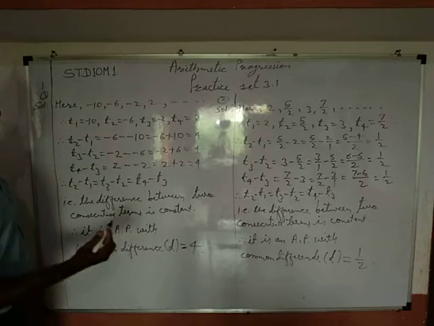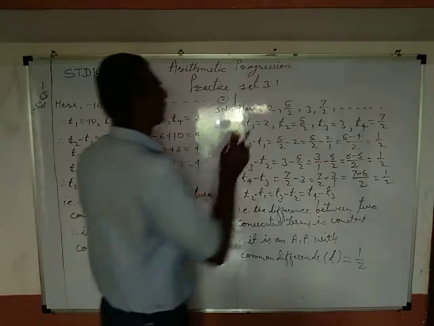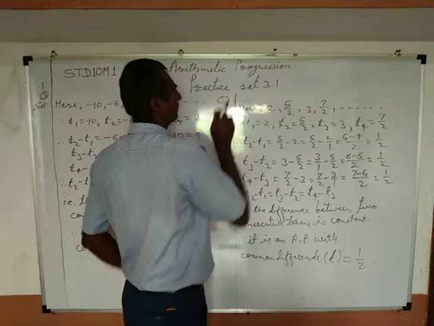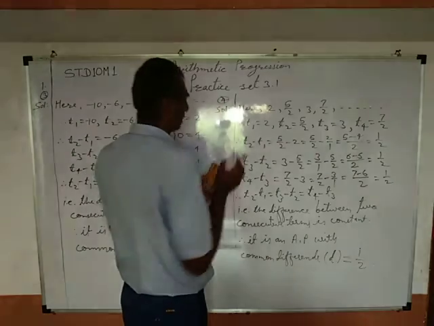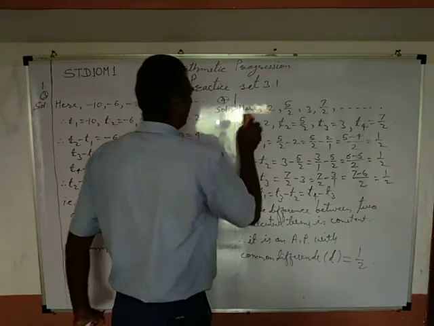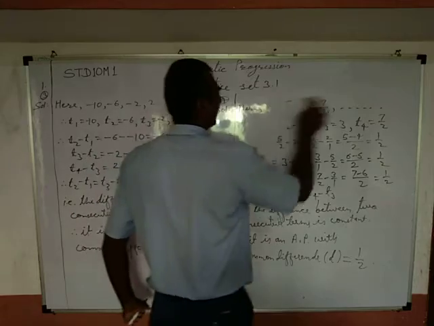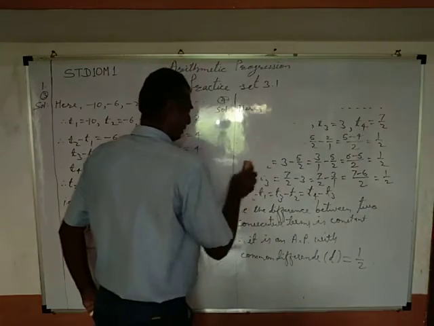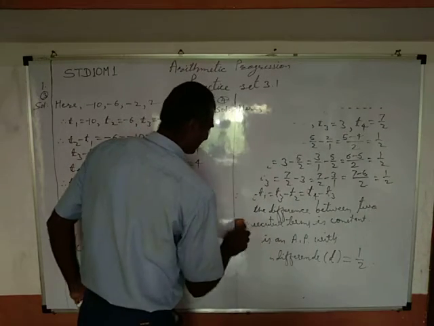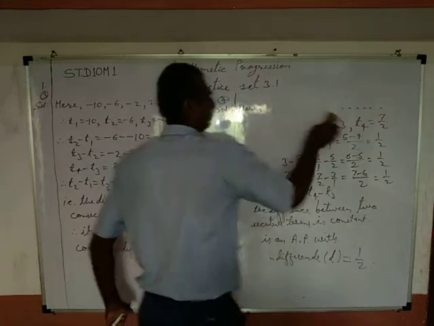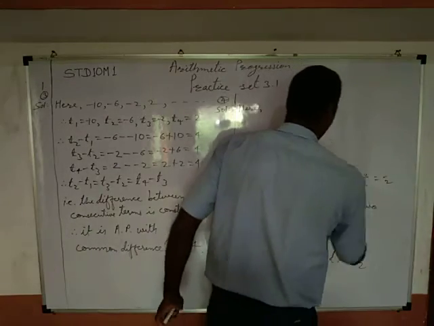Okay. Similarly, let's proceed towards question 4. Let's find whether the given sequence is an AP or not.